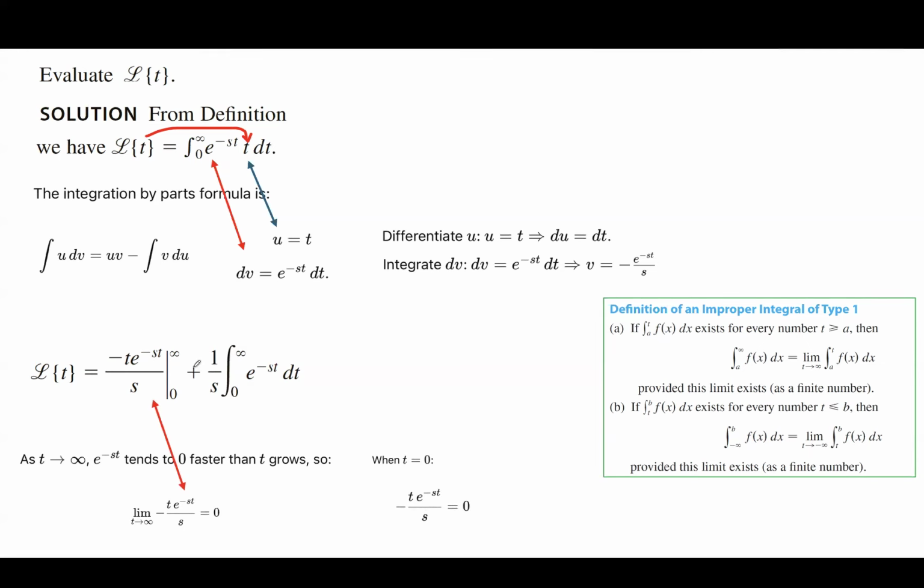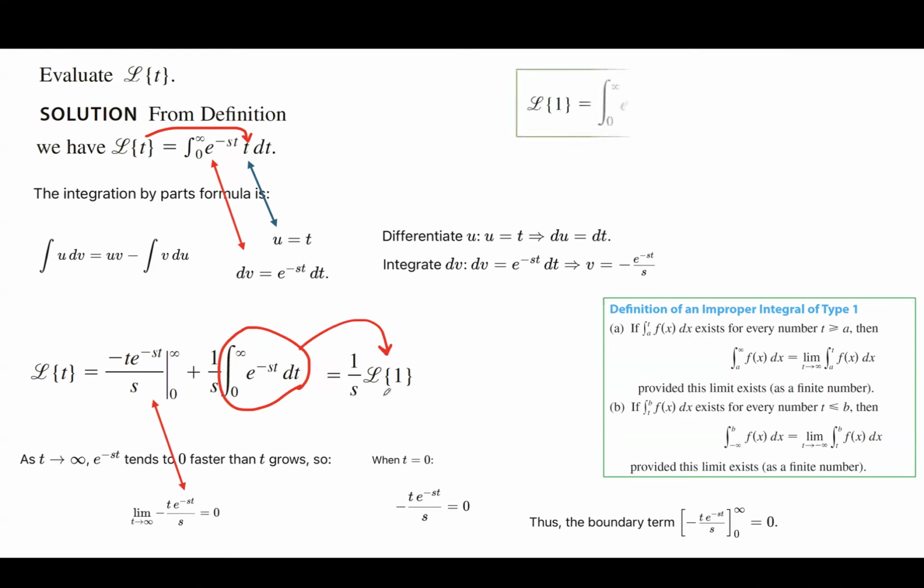We just need to calculate the integral from 0 to infinity of e to power negative st and multiply it by 1 over s. As you remember, this is the definition of the Laplace of 1, so you are basically multiplying 1 over s by the Laplace of 1 that we calculated on the previous page. It was 1 over s.